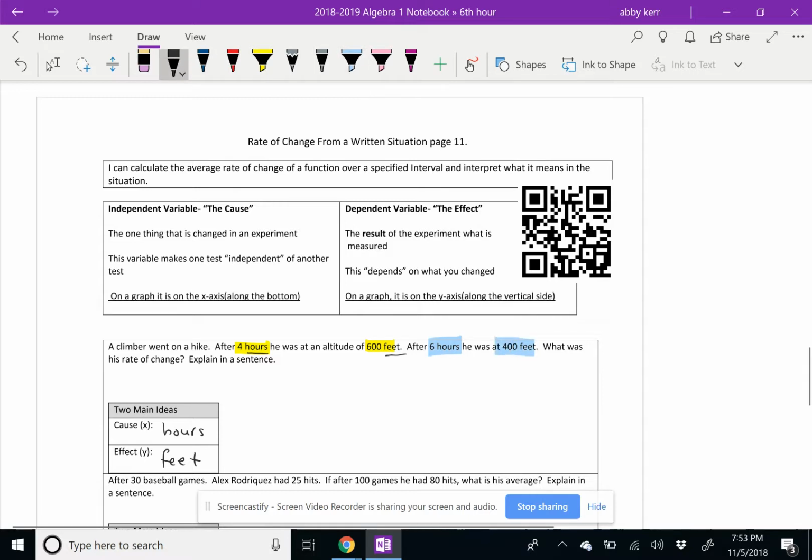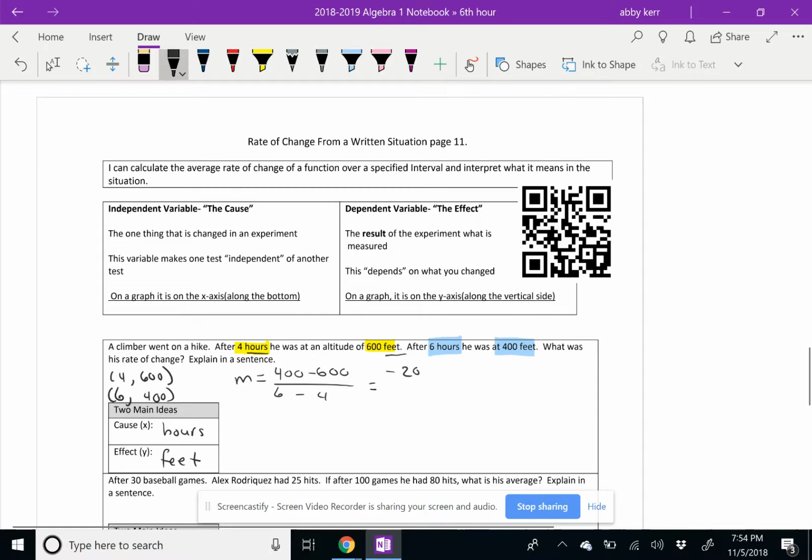Now, the hiker did 4 hours and was at 600 feet. And then after 6 hours, he was at 400 feet. Remember, rate of change is just another way of saying slope. So you're going to do m equals 400 minus 600 feet over 6 minus 4.